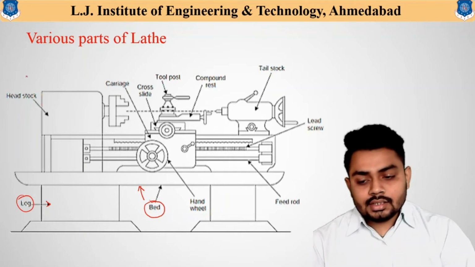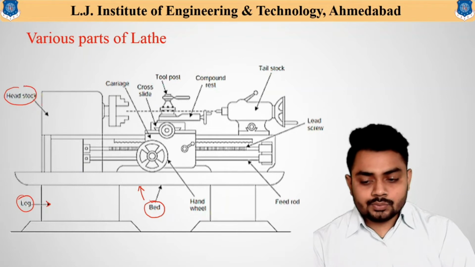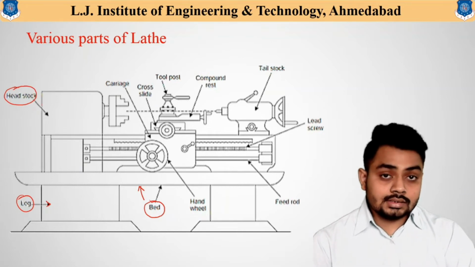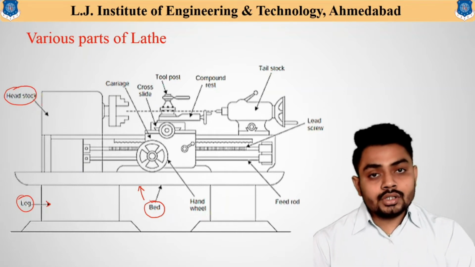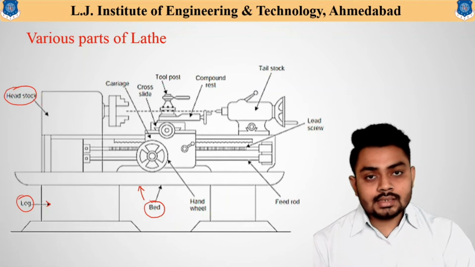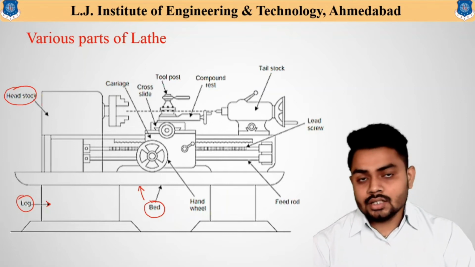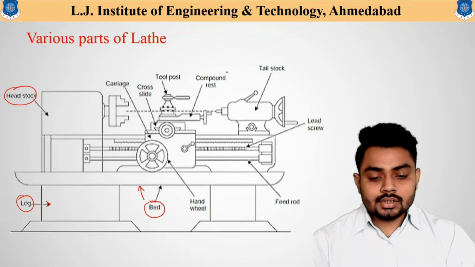Now the next one is the headstock, and this headstock consists of the main important driving mechanism and supports the spindle which holds the workpiece. Now the next one is the tailstock.